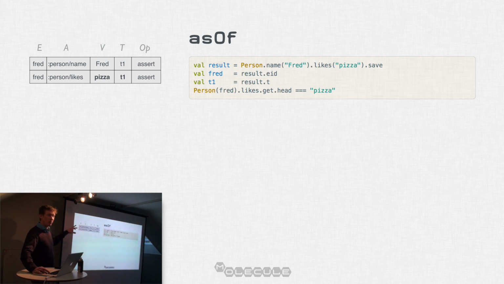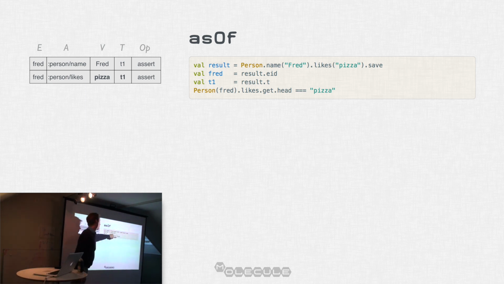And then you remember this as of some transaction time. You could say like we have some result, and we have the ID of that person. So the transaction number of that result is we get that from the T, and that's the T here. So we can get the value of this from this construct.